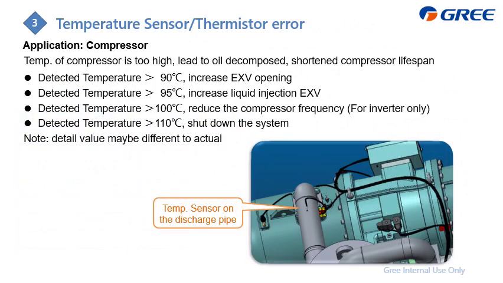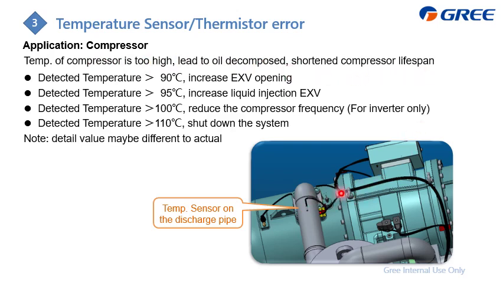This slide displays an example of how the system uses the temperature sensor, on the compressor. As you know, we should avoid the compressor overheating, as high temperature will lead to the inside oil decomposing, which may shorten the compressor lifespan.